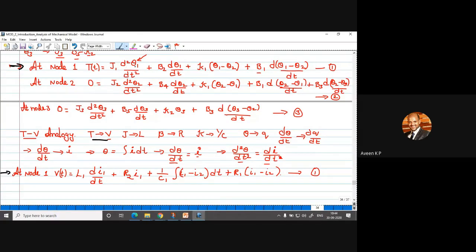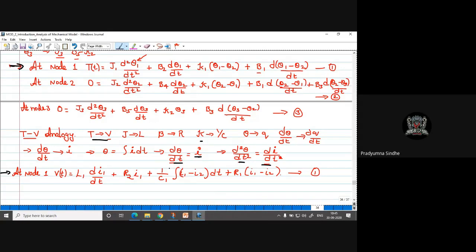D square theta 1 by dt square will be replaced by di1 by dt. B2 will be rewritten as R2, so differentiation of theta 1 with respect to dt is written as I1 plus K1, which will be replaced by 1 by C1.